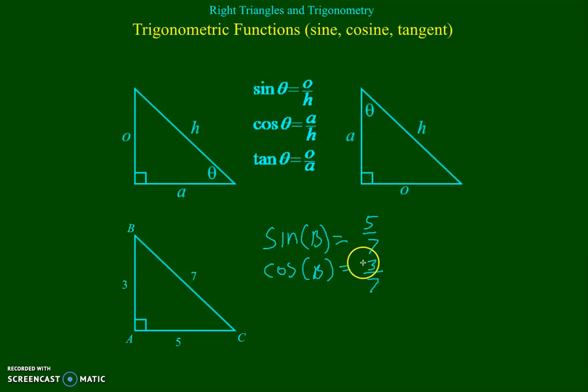And tangent of angle B is taking oats, opposite. Oats away, adjacent. Taking oats away.